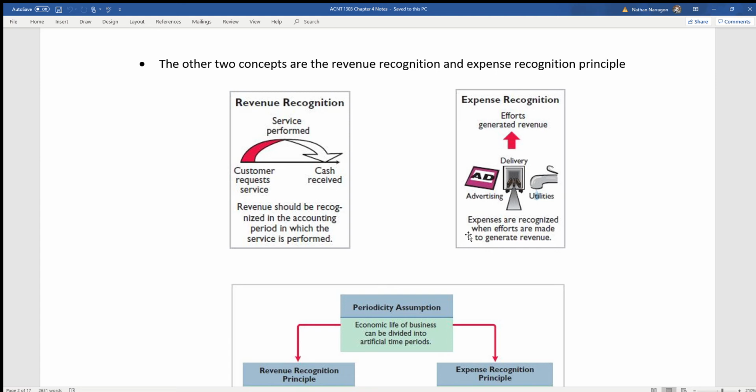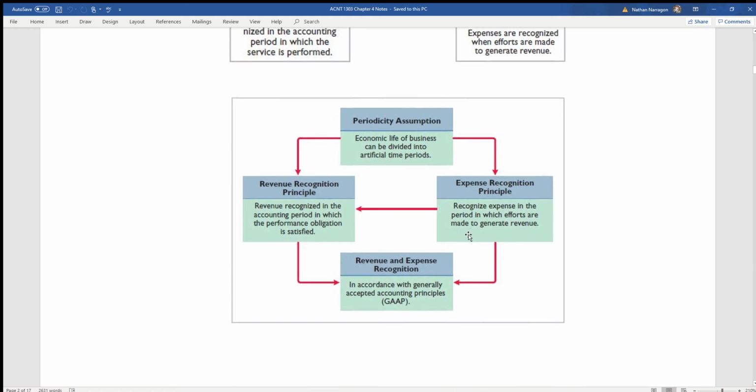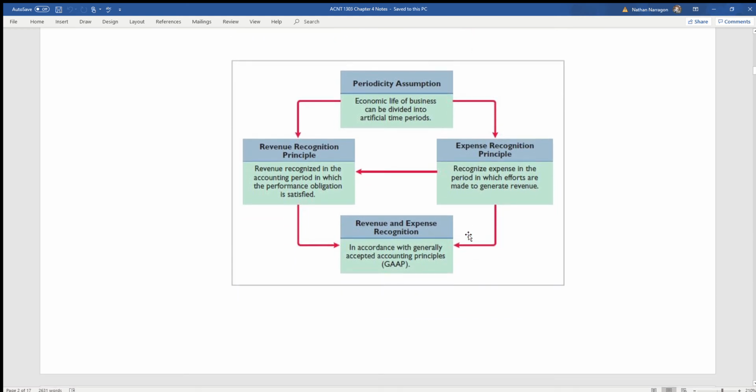Expense recognition is, again, the matching principle, which has to match with the revenue, but it's expenses that are recognized when efforts are made to generate revenue. Basically, when an expense is incurred, that coincides with generating revenue. And this basically follows this kind of cycle.